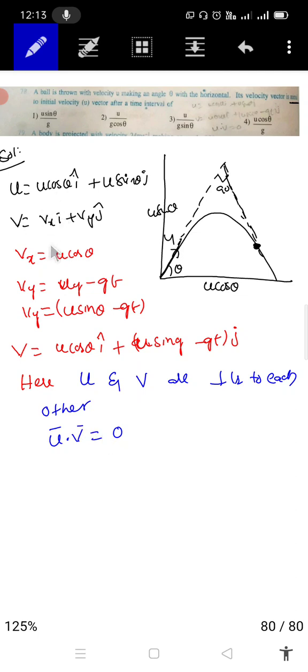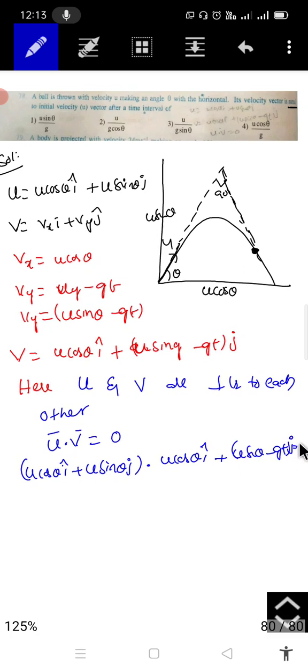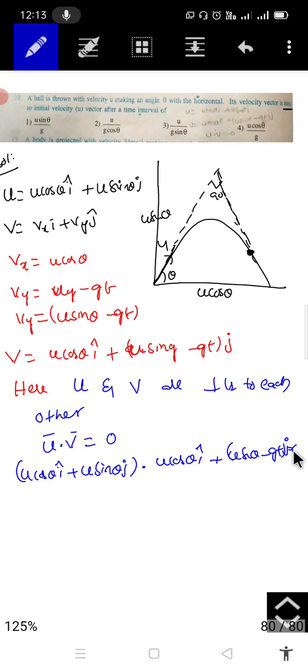This is the initial velocity: u cos theta i cap plus u sin theta j cap, dot, u cos theta i cap plus (u sin theta minus gt) j cap, that is equal to 0.